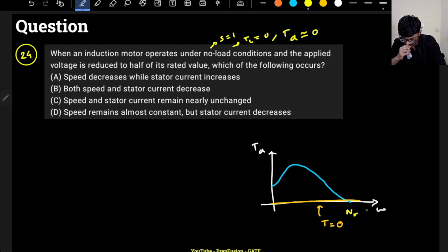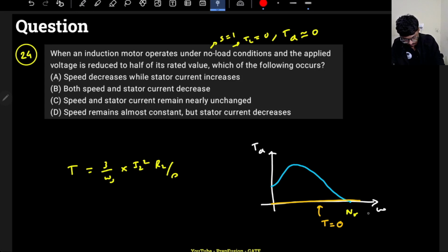So the thing is, what is my torque dependent on in high slip region? My torque is basically equal to 3 by omega S into the air gap power, which is I2 square into R2 divided by S. S is almost equal to 1, because it is high slip region, because there is no lag. So roughly I can say this will be 3 by omega S into I2 square.